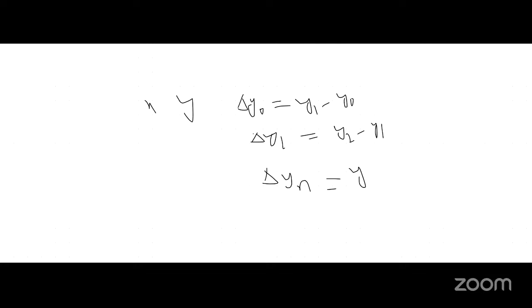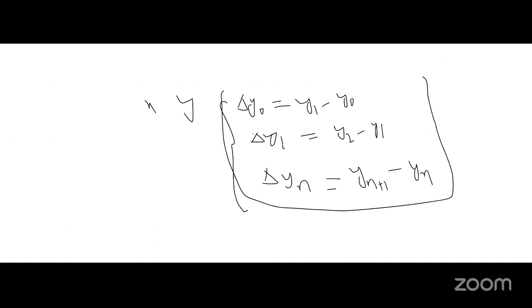Remember one thing: delta y naught is y1 minus y naught, and delta y1 is y2 minus y1.